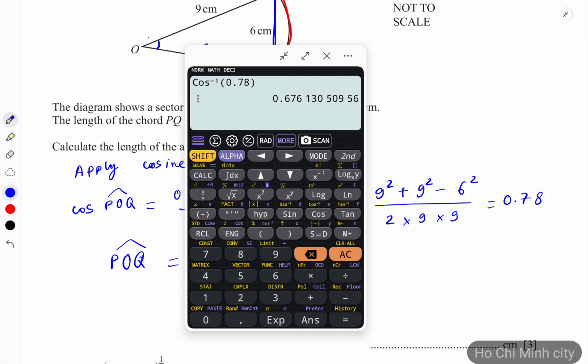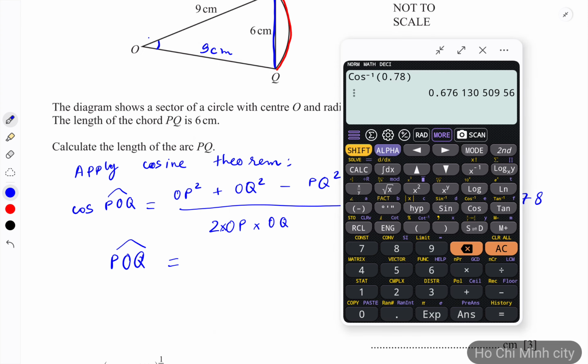So radian once again, it is 0.68 radian.